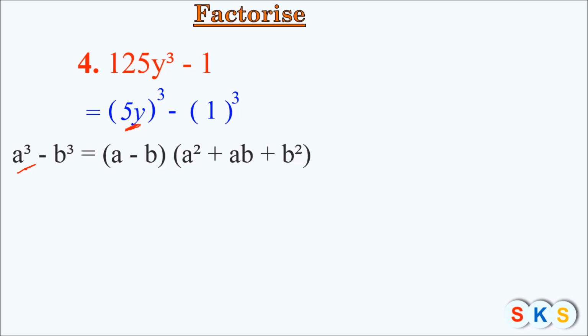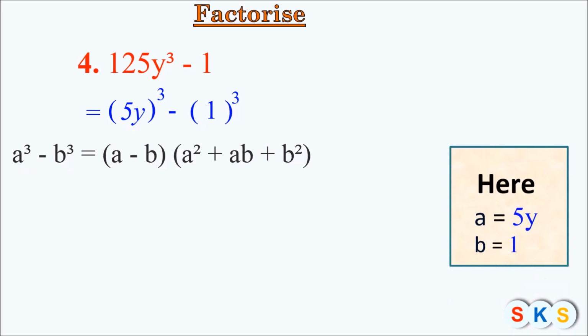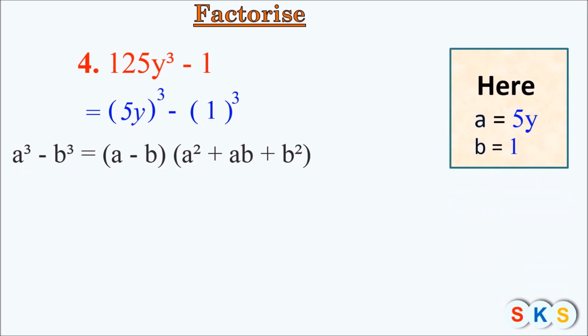And the second term is cube of 1, so we will take b as 1. So now we will make a note of the values of a and b. You can see that I have noted the values of a and b in the rectangular box. Now we are going to substitute the values of a and b in this formula.